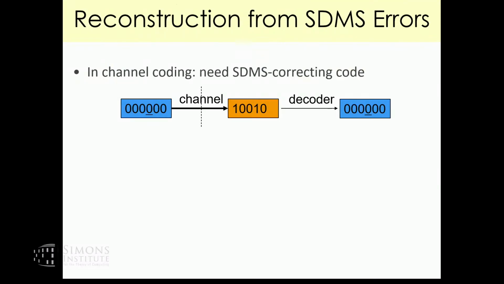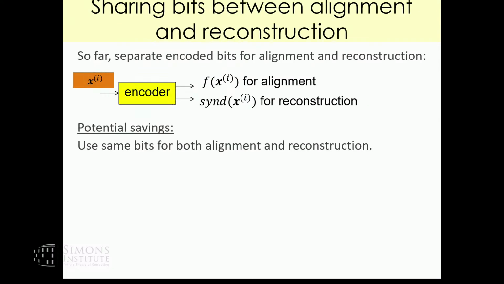And for that, let's talk about reconstruction for the same error model that we call SDMS. So the syndromes of Xi, they are computed from a linear code. We can see that exactly the idea that I'll show now will help us use standard linear codes also with deletions.